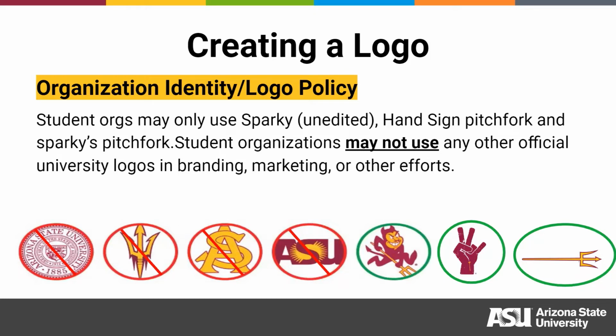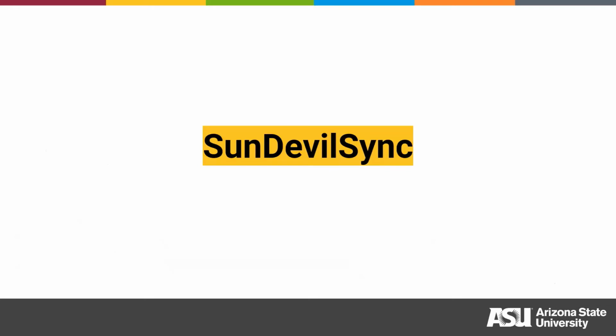If you have questions about that, you can go to the ASU branding guide and they can help you figure out what exactly you can use. Same thing with ASU colors: ASU gold, ASU maroon, ASU orange. We do even have an ASU pink if you wanted to use that.